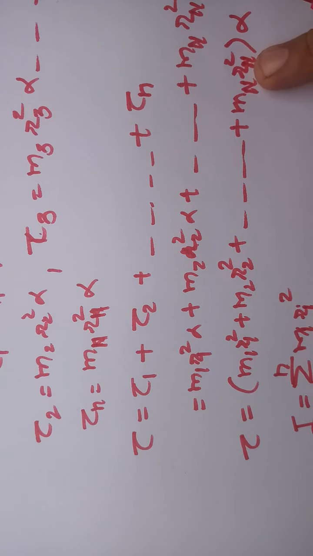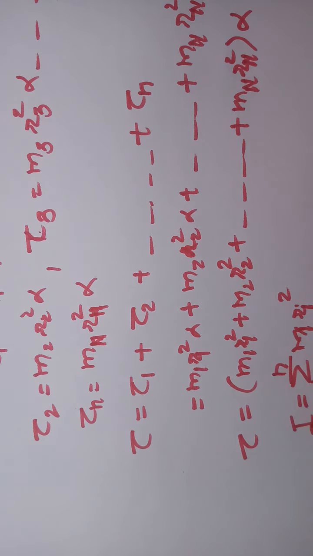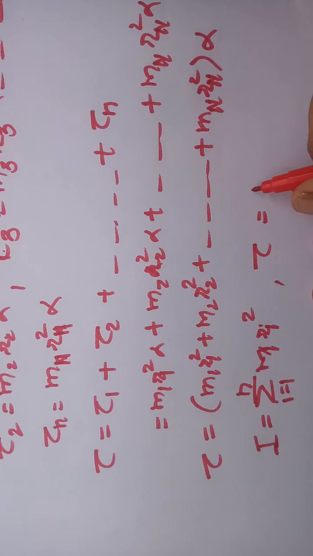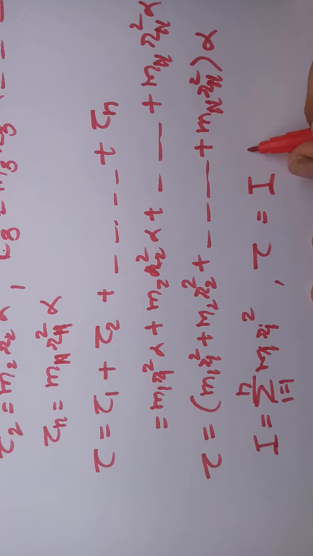Instead of this bracket, we can say this is the expression for I, the moment of inertia. And so we can say here the torque is equal to, the bracket gives us the value of I, the moment of inertia, and alpha is the angular acceleration.